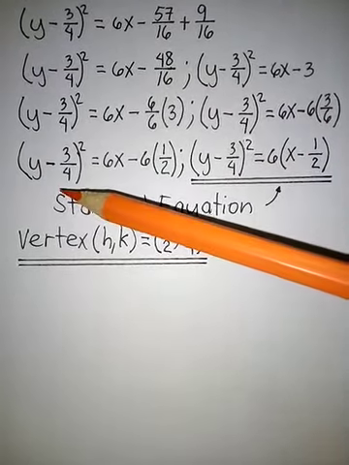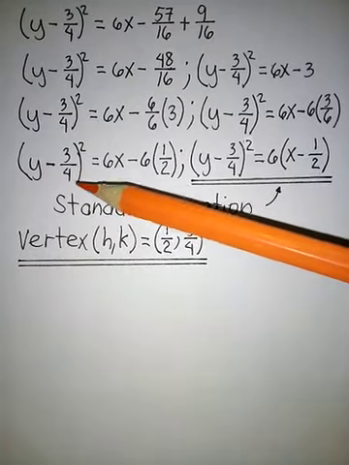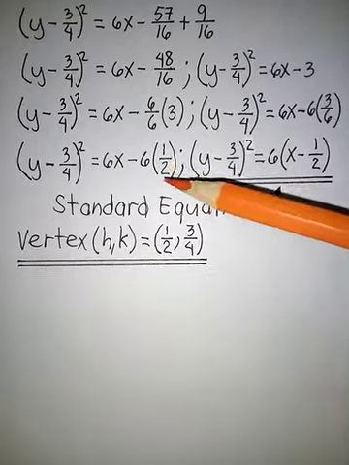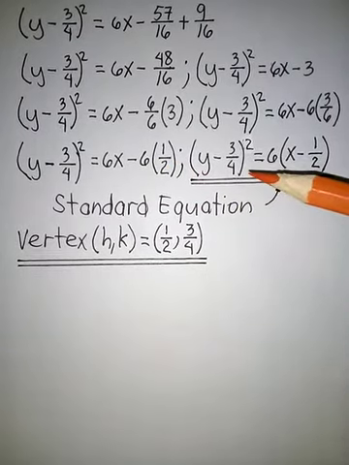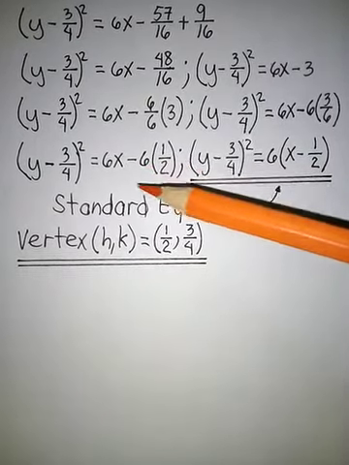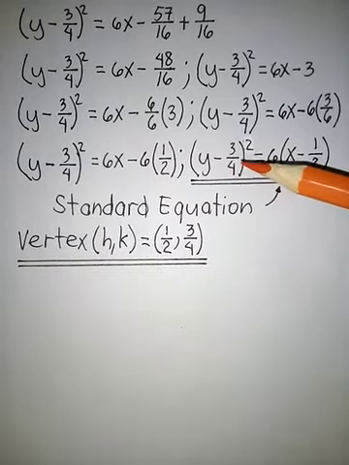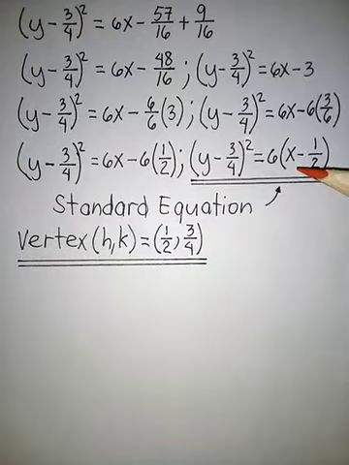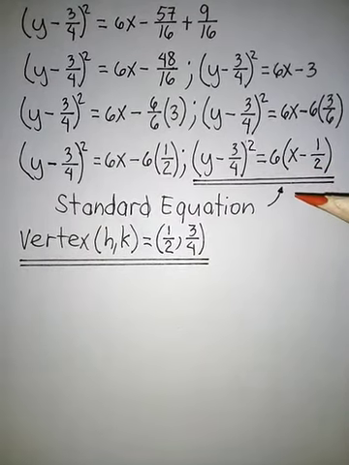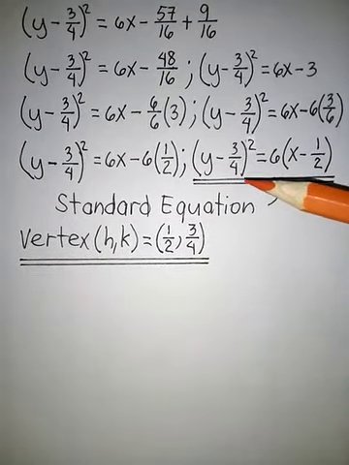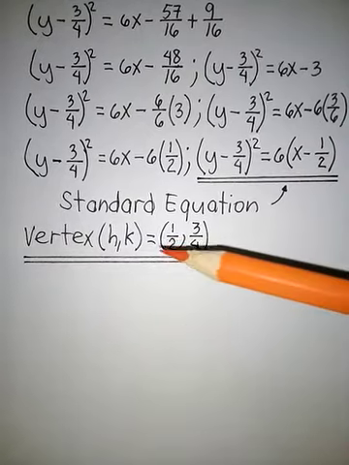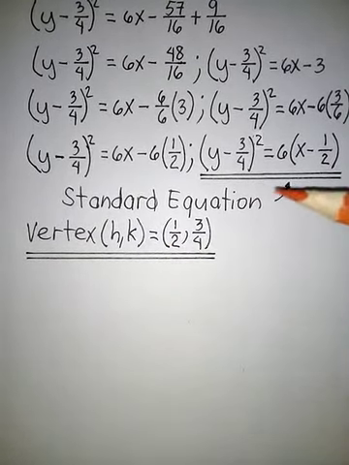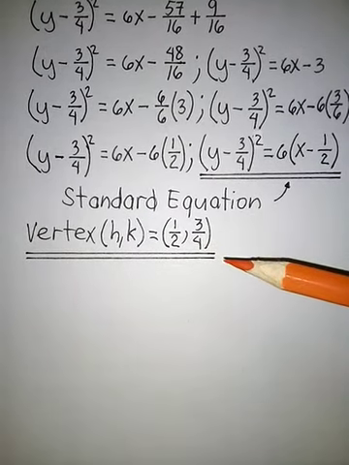So, we have quantity y minus 3 fourths quantity squared is equal to 6x minus 6 multiplied by 1 half. Simplifying this, we have quantity y minus 3 fourths quantity squared is equal to 6, factor out 6, and then we have x minus 1 half. So, this is now the standard equation. So, the vertex is equal to hk, which is 1 half and 3 fourths.